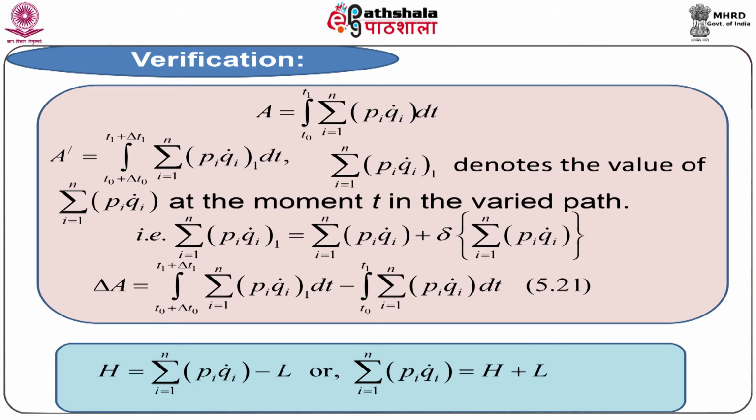Let capital A be the value of the integration T0 to T1 summation over i equal to 1 to n pi qi dot dt, pi being the generalized momenta, qi dot being the generalized velocity, when taken along the actual path between the times T0 and T1, that is capital A equal to integration T0 to T1 summation over i equal to 1 to n pi qi dot dt.